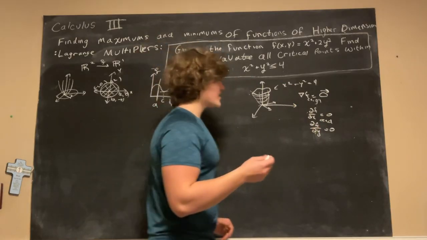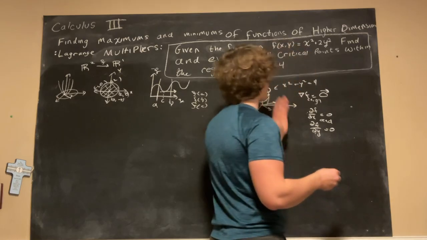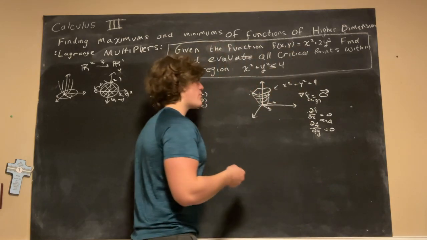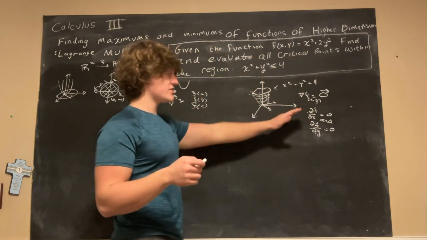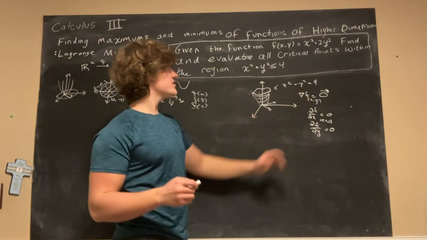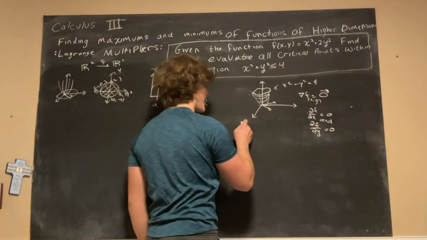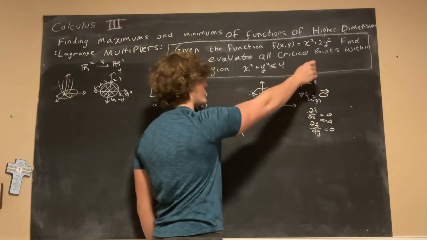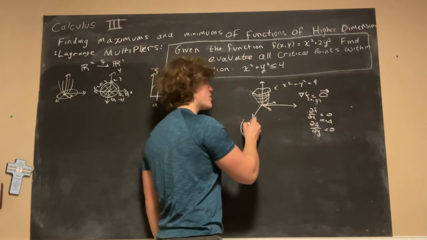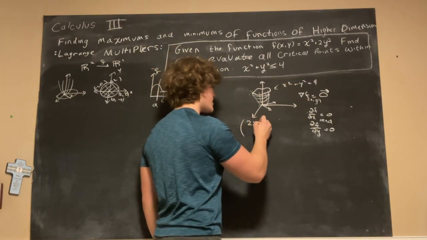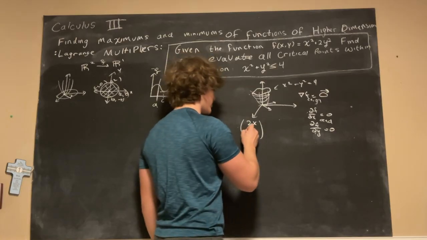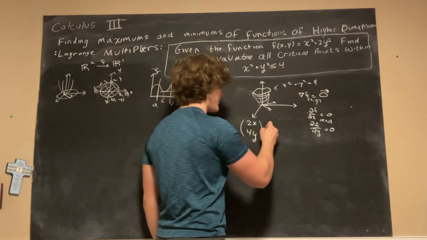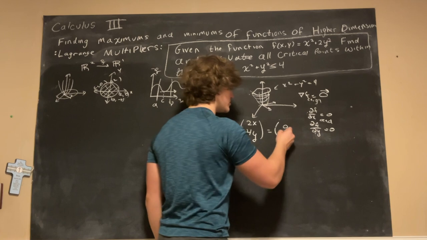So for our equation, our critical value must follow these two cases. Our gradient is going to be the partial derivative with respect to x, which gives us 2x, and with respect to y gives us 4y, and that is equal to 0, 0.